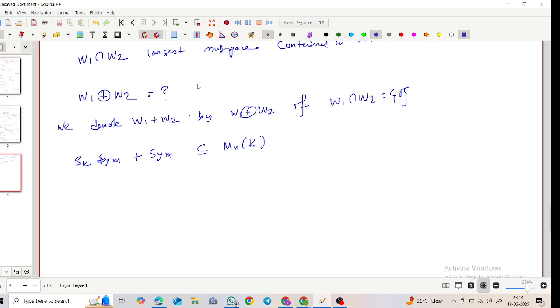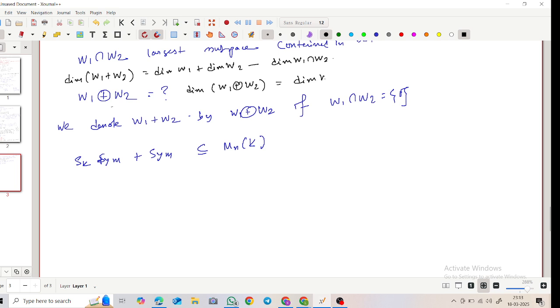There is another thing I need to tell you. Do you know the dimension of this thing? This is a standard result: dimension of W1 plus W2 is dimension W1 plus dimension W2 minus dimension of W1 intersection W2. In this case, dimension of W1 direct sum W2 is dimension W1 plus dimension W2, because the intersection is 0.